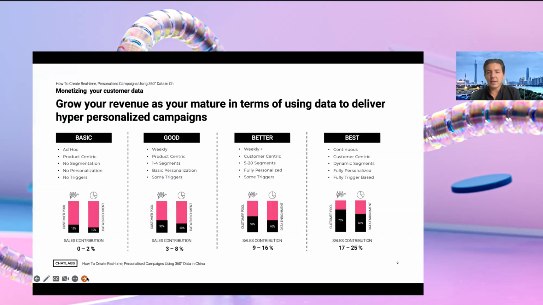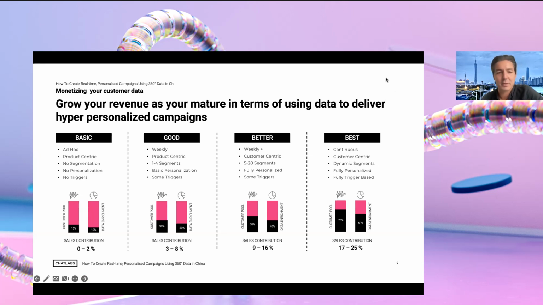Now, if you have all of that data and you're getting that in real time, how do brands really use that data to drive revenue? How do you monetize that, right? So what we're seeing is that there are multiple stages in terms of the maturity of the brands that we work with. Initially, you might just have one or two social media accounts like WeChat or Weibo.